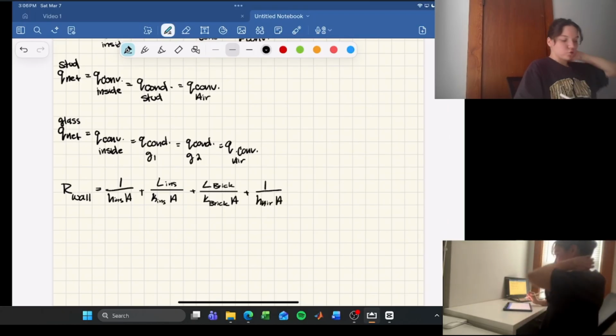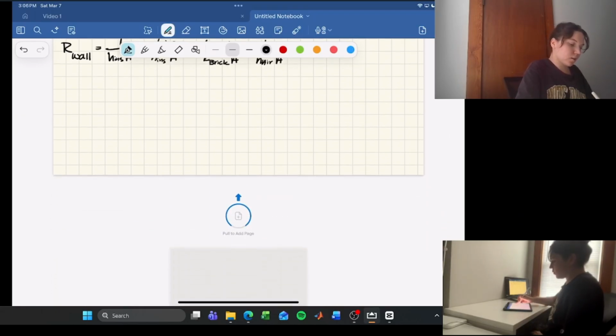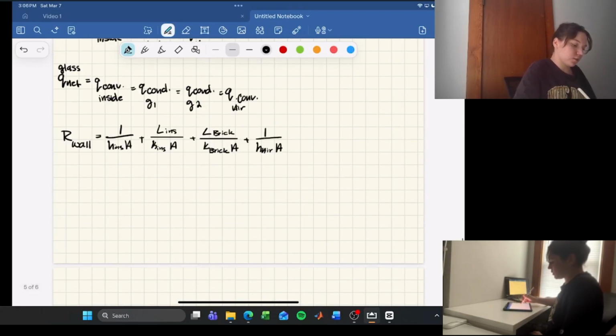So this is the total resistance of the wall in series. And then we can do that for each of these.